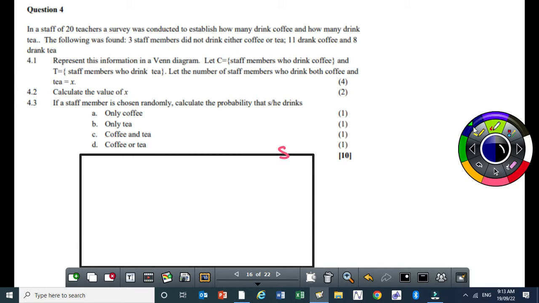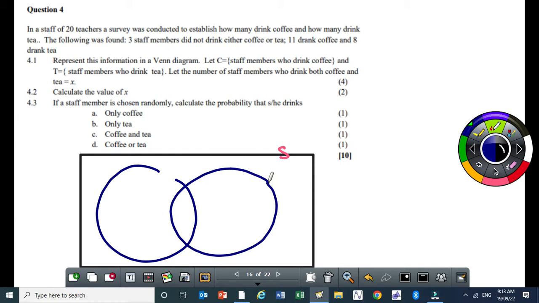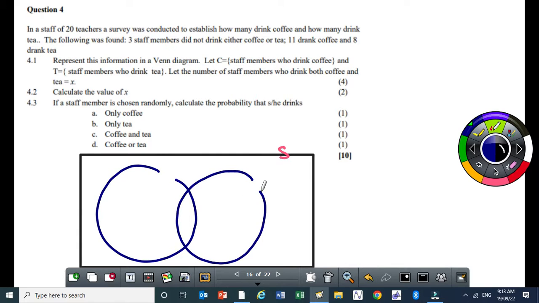Then our 2 events, let coffee be C and tea be T. So this will be tea and that will be coffee.